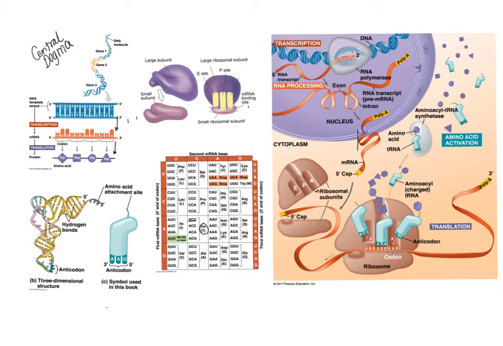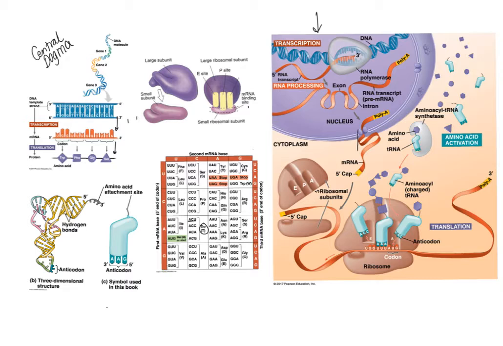But then specifically in eukaryotes, like we see over here in this diagram, that mRNA molecule that's immediately made is actually a pre-mRNA molecule that needs to be processed by adding that 5' cap, the 3' tail, and splicing the introns, or in some cases, alternatively splicing exons.